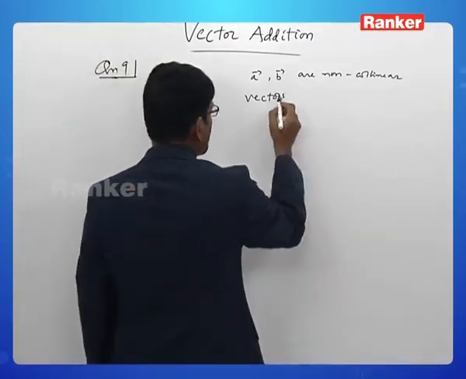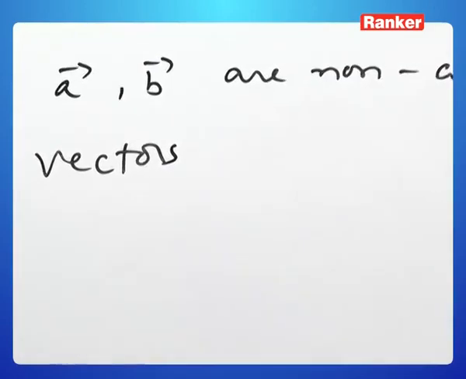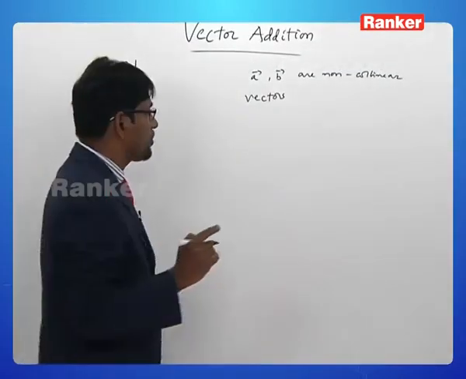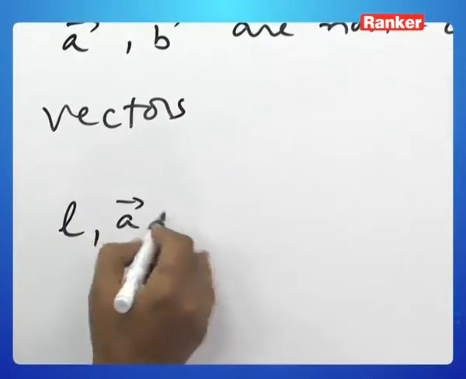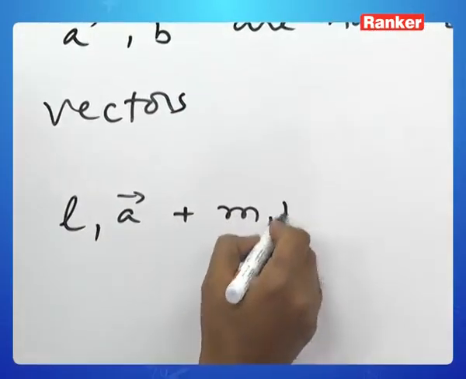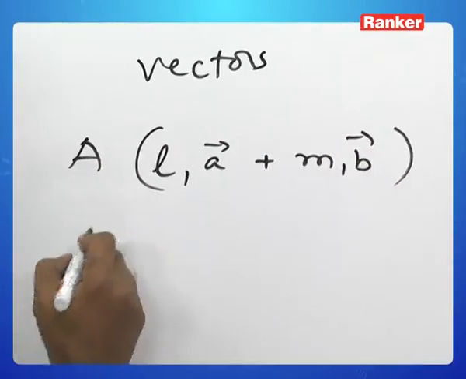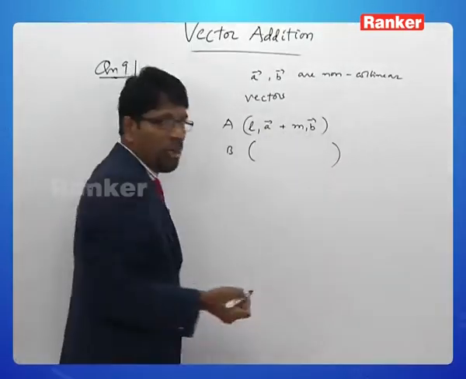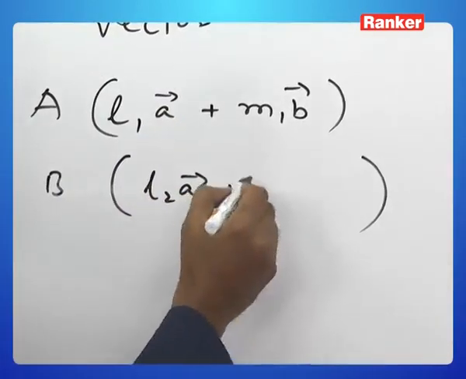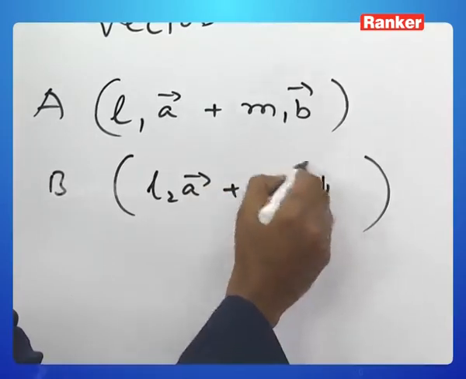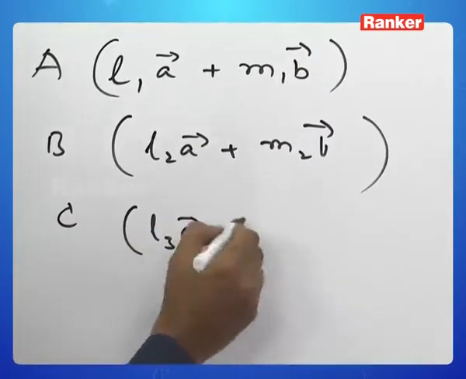So non-collinear vectors are also linearly independent. So here we have A as L1 a bar plus M1 b bar. B is the point whose position vector is L2 a bar plus M2 b bar, and C is L3 a bar plus M3 b bar.